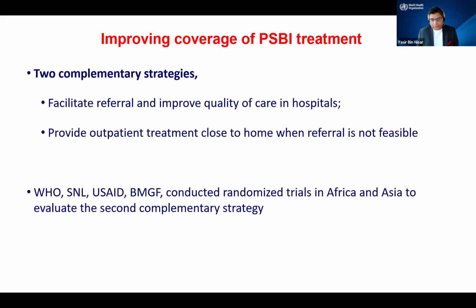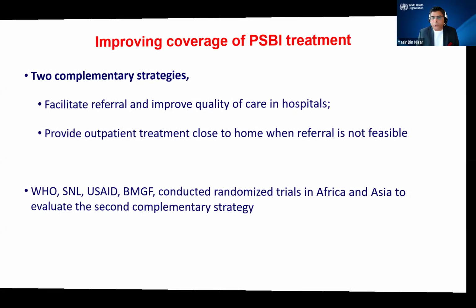On the other hand, for the second choice, this was discussed in 2009 in a meeting at WHO, and many global players as well as local investigators participated in that meeting. After that meeting, it was considered that we should evaluate this second strategy through randomized controlled trials.